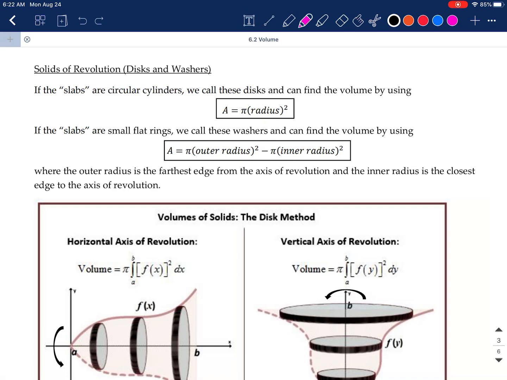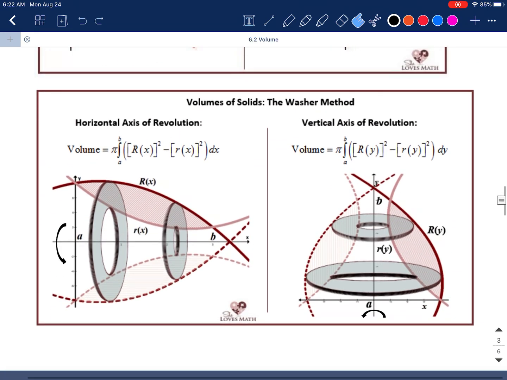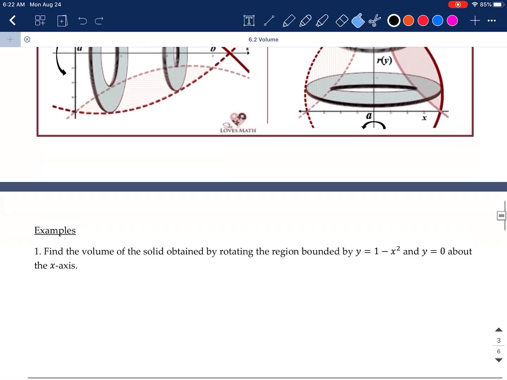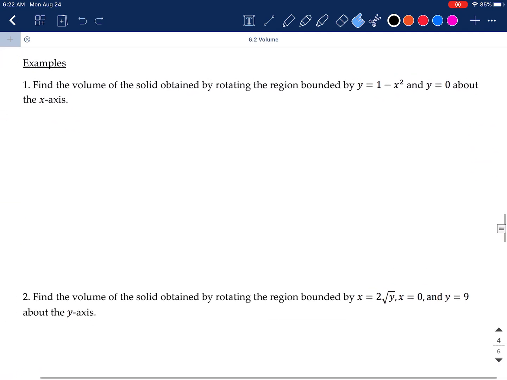We're also going to have washers, those small flat rings, where we subtract the smaller volume from the greater volume in order to get the ring shape we're looking for. You can look through the notes to remind yourself of those methods, and then we can jump into some examples to review how we will evaluate these.